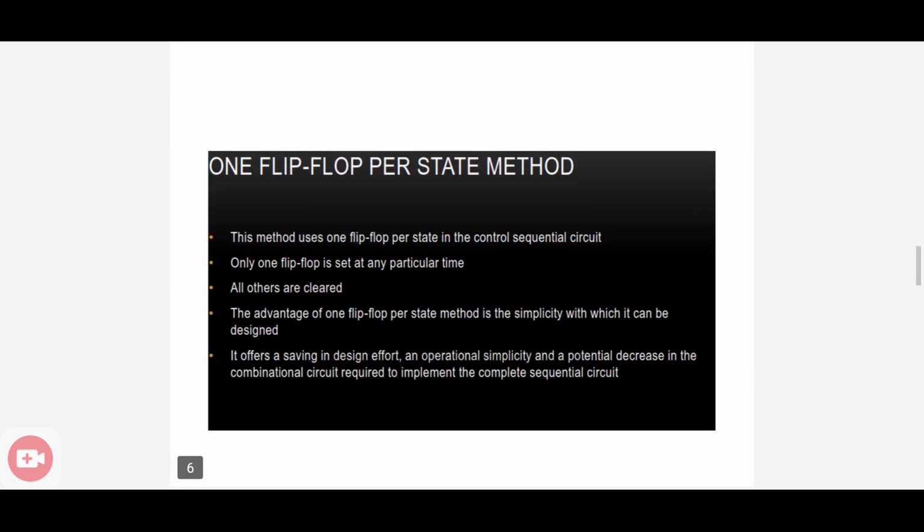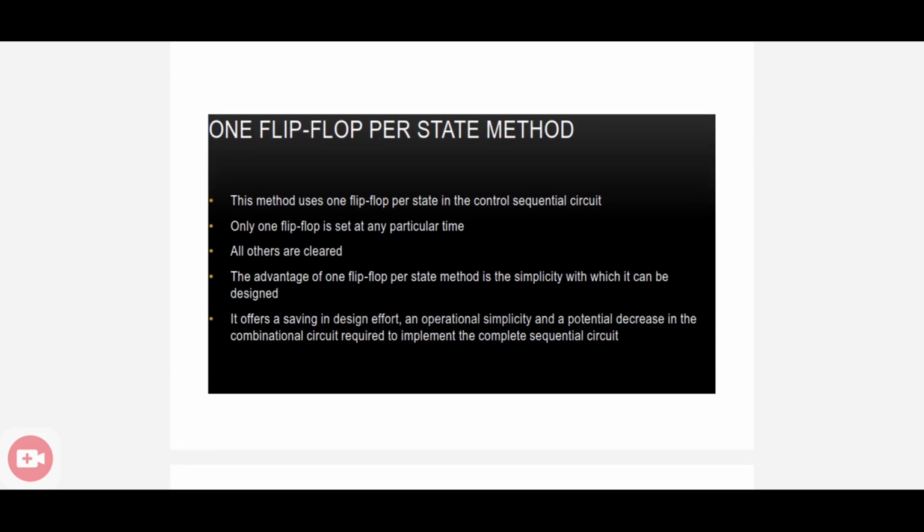So we can move on to the first method, that is, the one flip-flop per state method. The name itself indicates that this method uses a number of flip-flops, but only one flip-flop is set at any particular time. All others should be cleared.